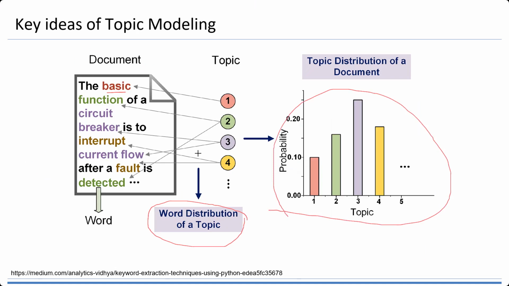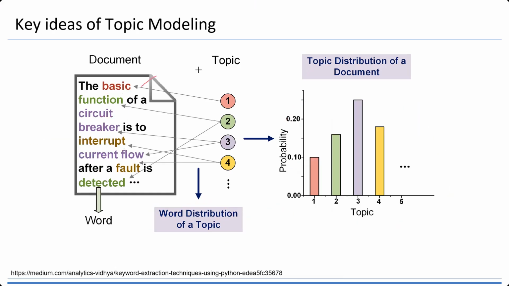And if we know the distribution of each of these words, then we may give some kind of assignment to a particular topic. For example, for topic 1, most probably it is related to the word basic. Topic 2, maybe it is related to the word function and didactic. Topic 3 is a topic related to the circuit breaker, current flow, and so on.